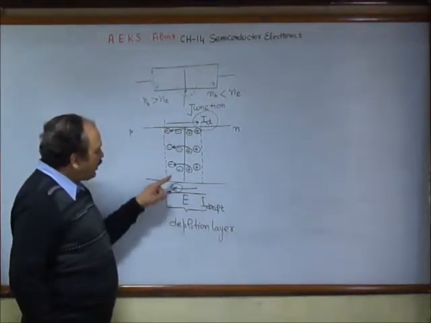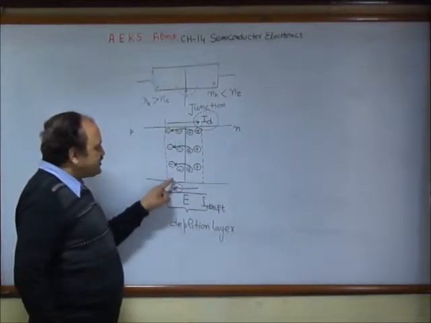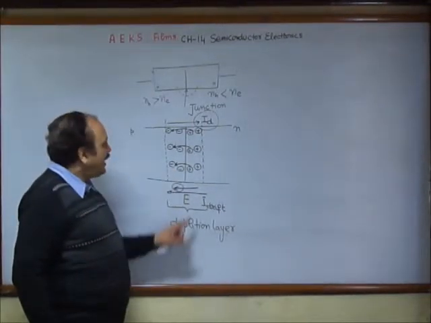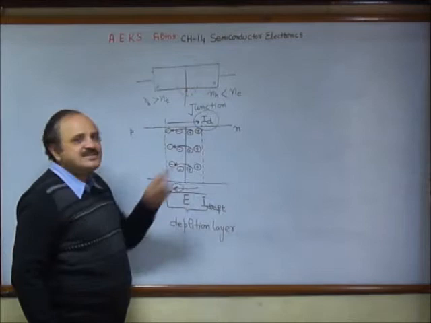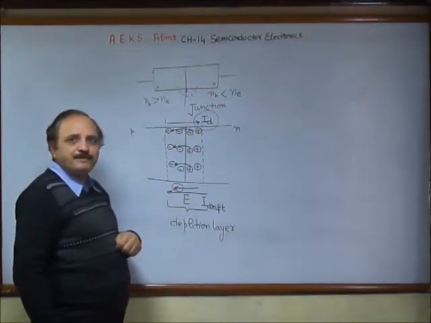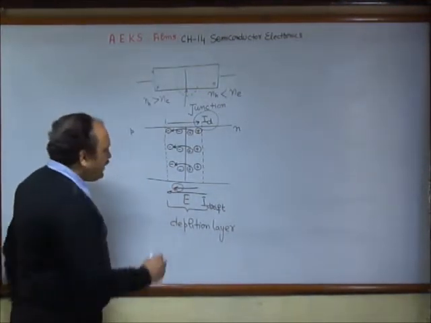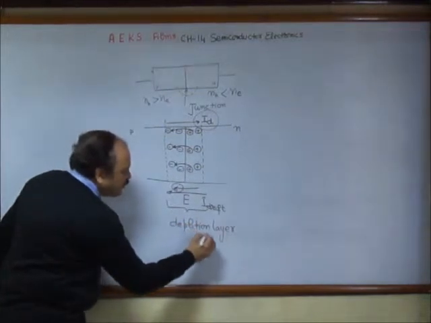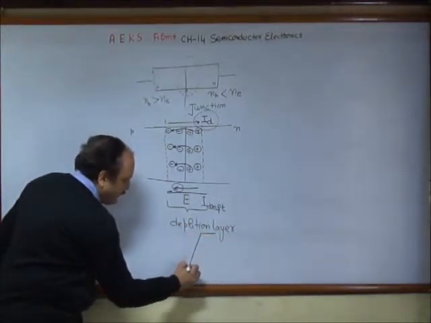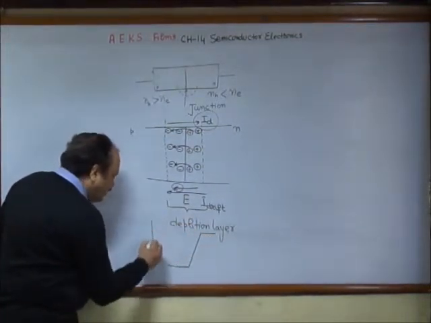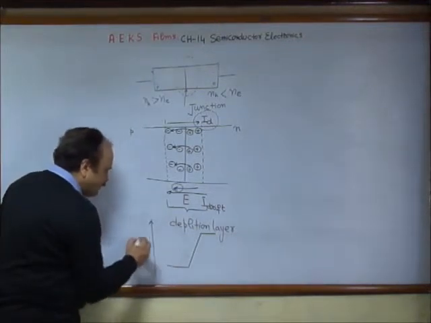Obviously, on this side the negative charge decreases the potential, and on the N side the potential is high. If anybody tries to plot the potential, we have the potential on this axis.